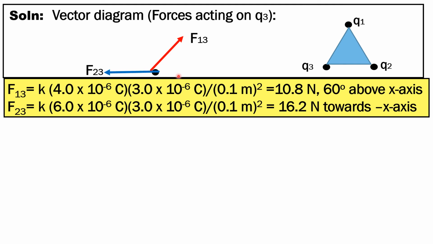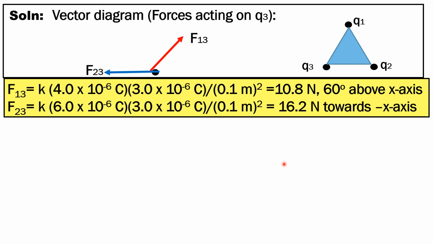One would require using formulas in trigonometry, which we call the sine law and the cosine law. Those who are familiar with that, you can use it. But what I'm going to present here is the method of using the components.